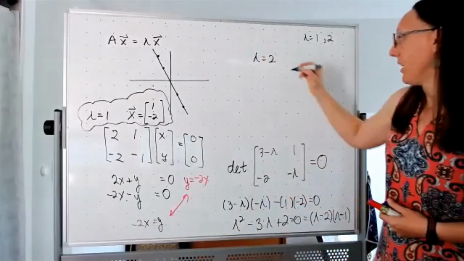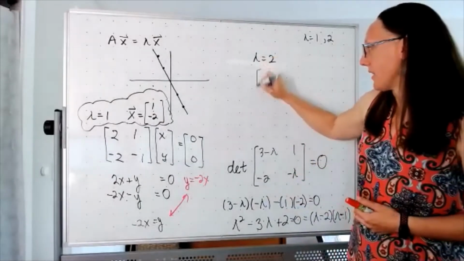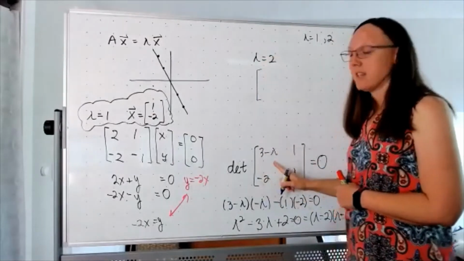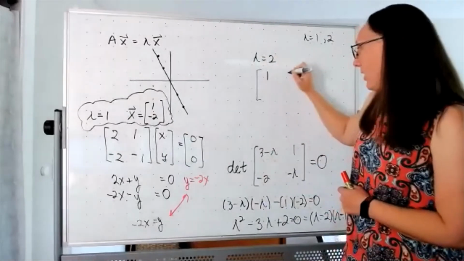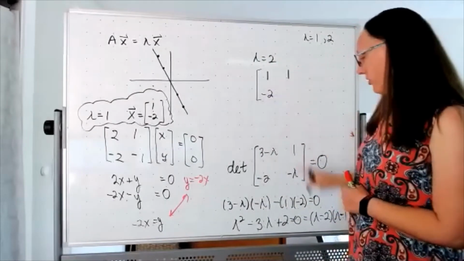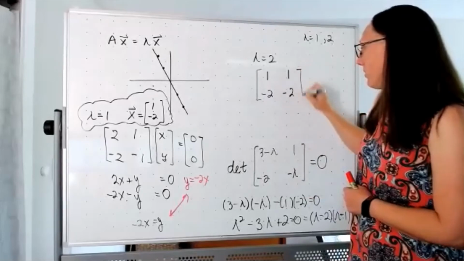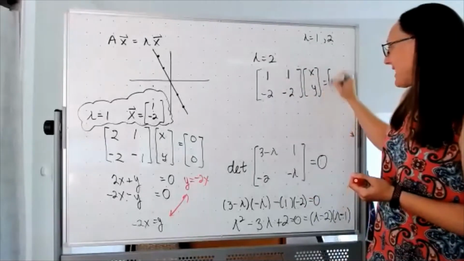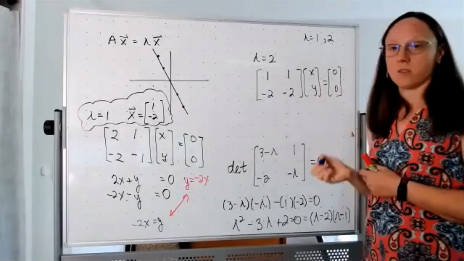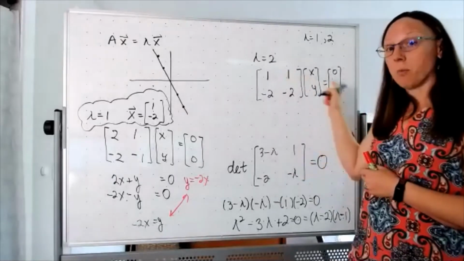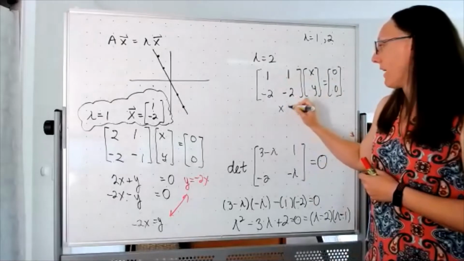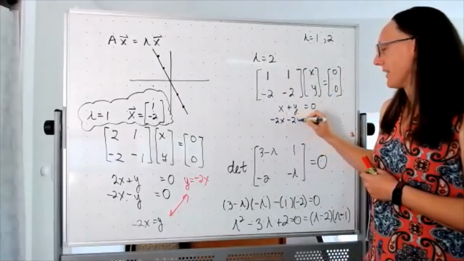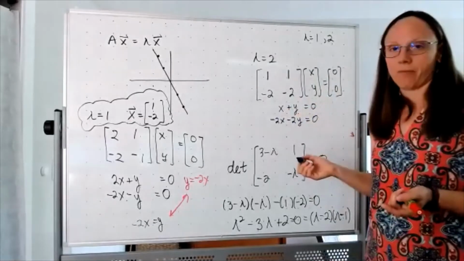Then I'm looking at the matrix right here, but plugging in 2 for lambda. So 3 minus 2 is 1, and another 1, and a negative 2, and then a negative 2, times some x, y coordinates being equal to 0, 0. We do the matrix multiplication. We'll have x plus y equals 0, and negative 2x minus 2y is equal to 0.